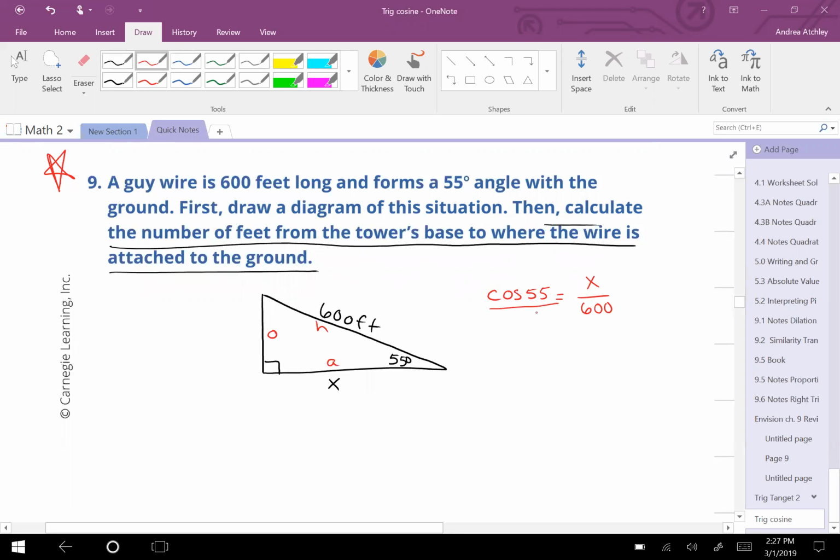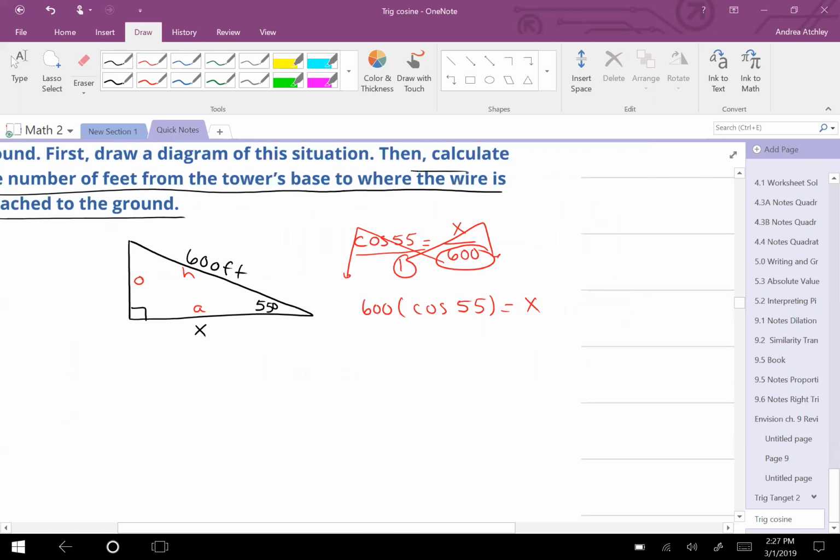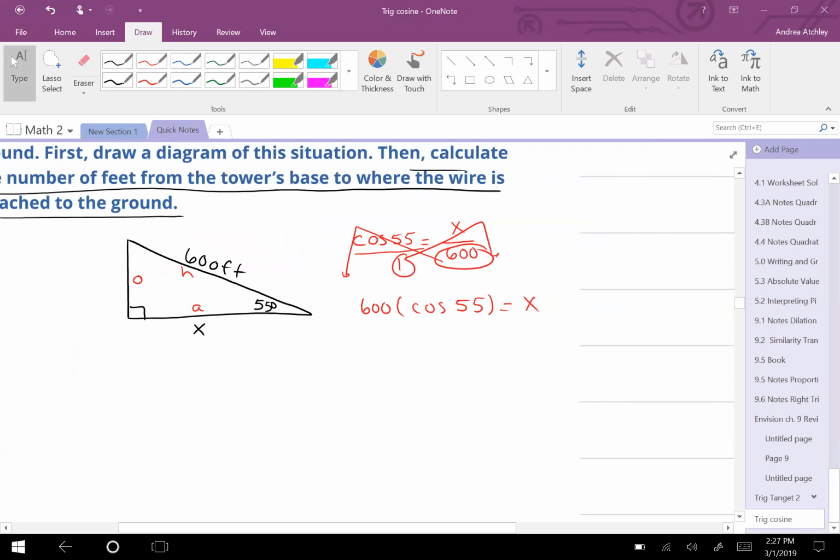We put this over 1 and we cross multiply. 600 times the cosine of 55 is 600 times the cosine of 55. 1 times X is X. Okay, plug it in your calculators. And this is feet.